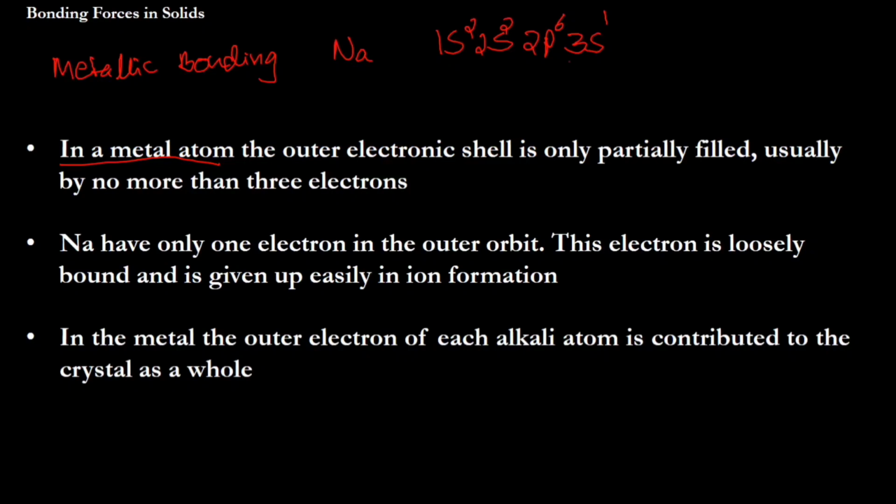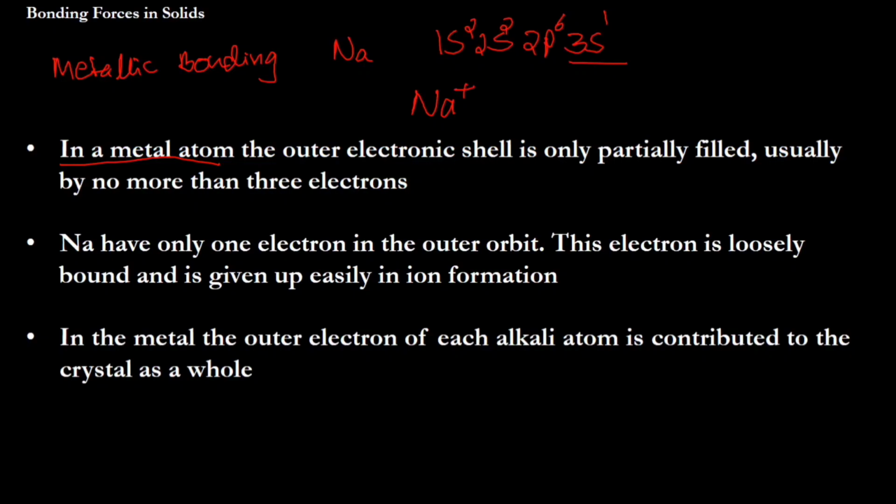This sodium could become stable by giving up one electron and becoming a sodium ion. Or else, if I bring a non-metal material like chlorine towards this Na, sodium gives up one electron to chlorine, becomes NaCl, and is stable.